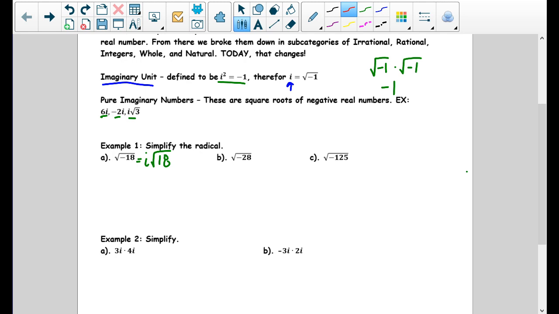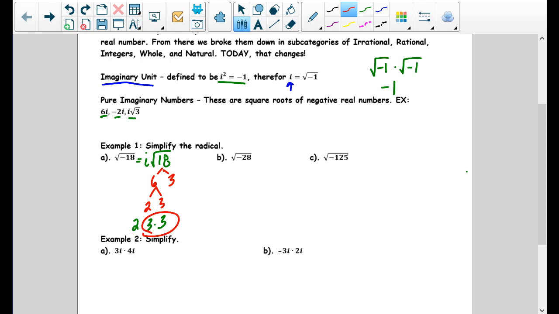If I break down 18, what are two numbers that go into 18? 6 and 3. 3's prime. What goes into 6? Yep. 3 and 2. So when I'm looking at these, my factors are 2 times 3 times 3. Okay? And again, we're looking for repeats, the pairs.